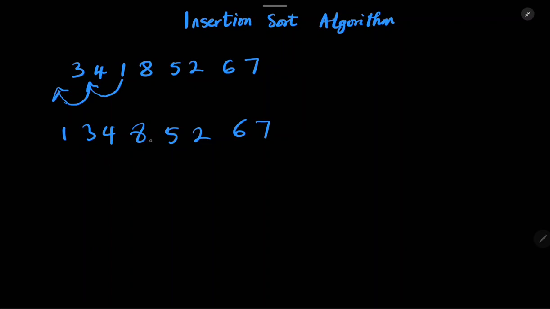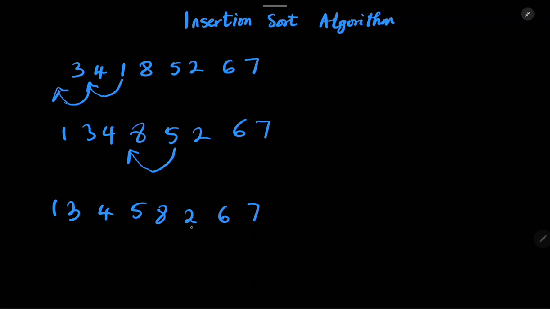Now this seems correct, 3, 4, 8. But then we have 5. So it means we want to move it here. And by the time we move it there, we have 1, 3, 4, 5, 8, 2, 6, 7. So we have 1, 3, 4, 5, which is sorted.